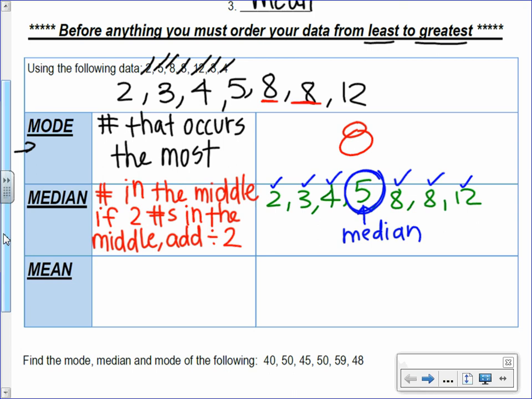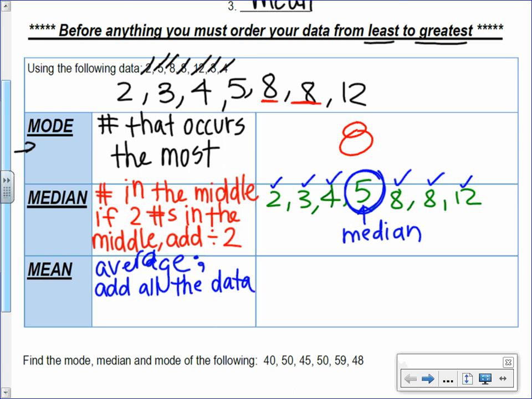All right, mean is the worst. Mean takes the longest. It requires the most energy. And mean is a fancy word for average. So we're finding the average. Now, to do the average, you're going to add all the data.